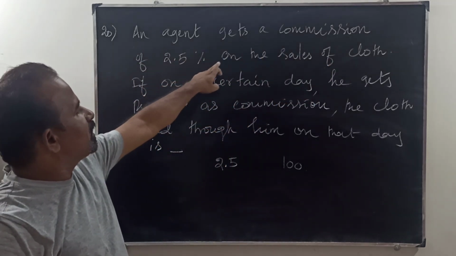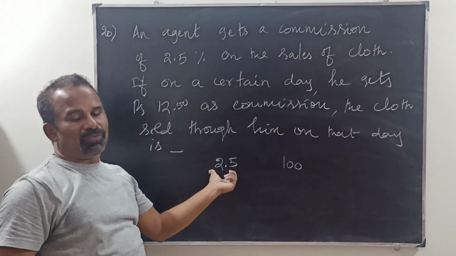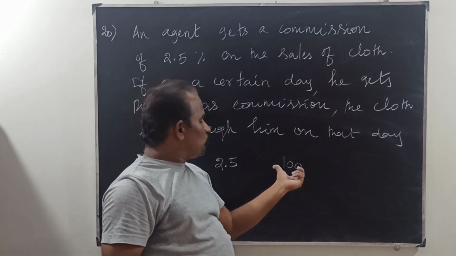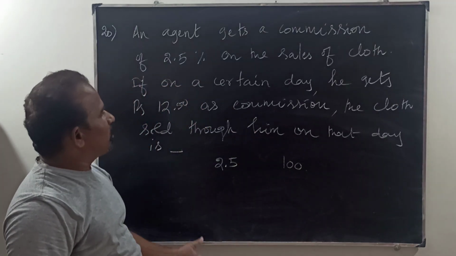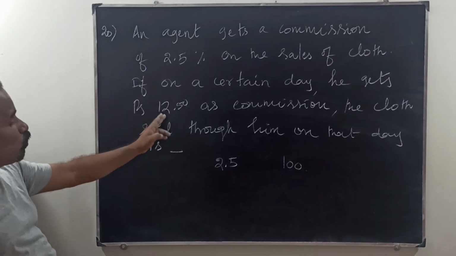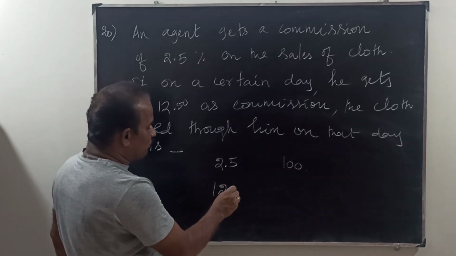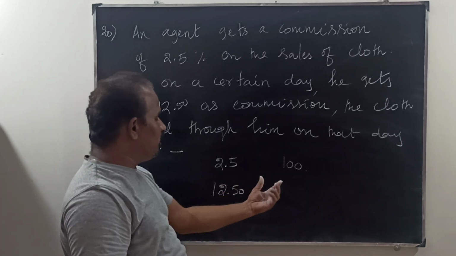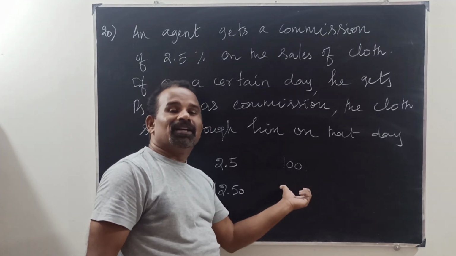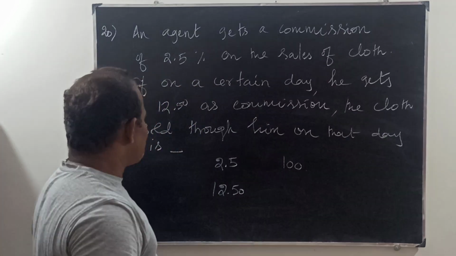That means, suppose he sold cloth for rupees 100, the commission is 2.5. On a certain day, he gets rupees 1250. So this 2.5 becomes 1250. Then what will be the selling price? How much cloth did that person sell? So this is the question.